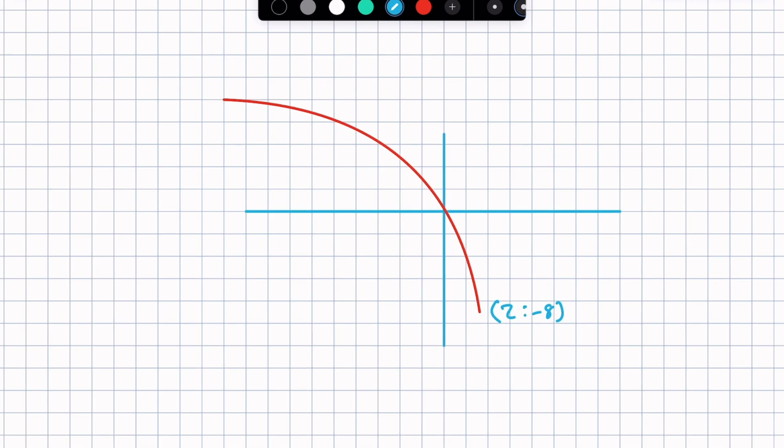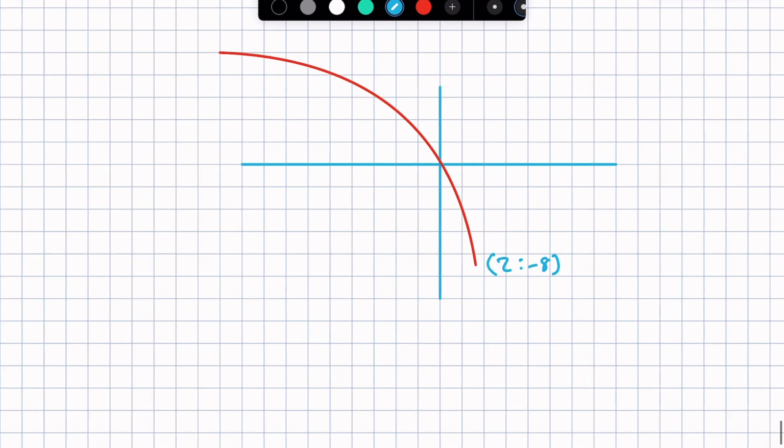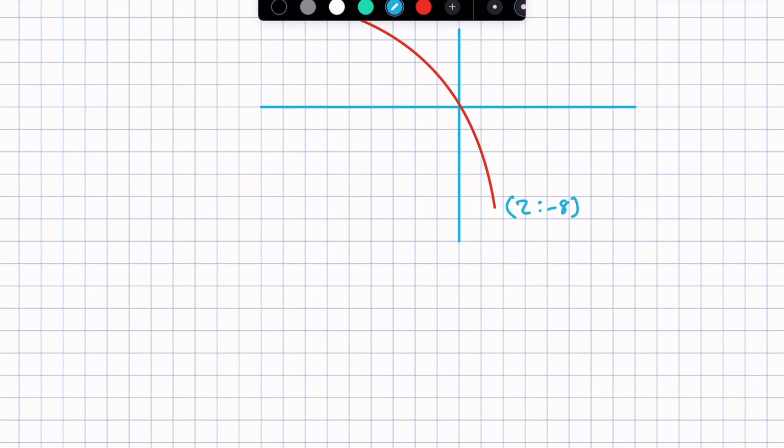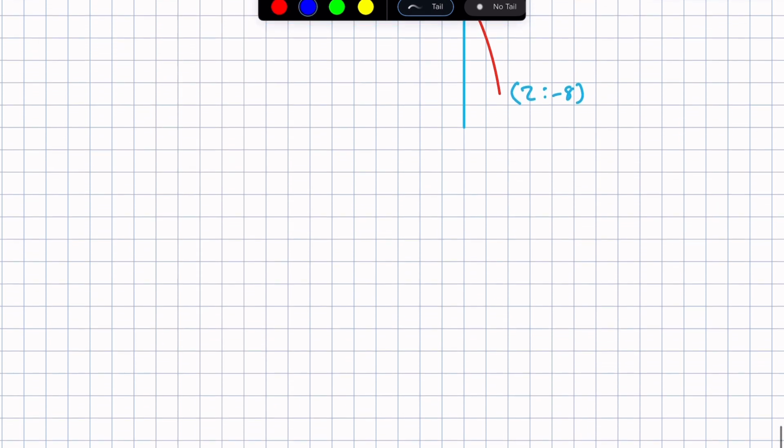It doesn't stop unless it has a restriction, unless he has an inequation, but there's no inequation, so it's infinite, okay? So the domain is 2 to infinite, and then the codomain is -8 to infinite. Yeah, simple. So let me just write it down. Domain is minus infinite to, image is -8 to infinite.